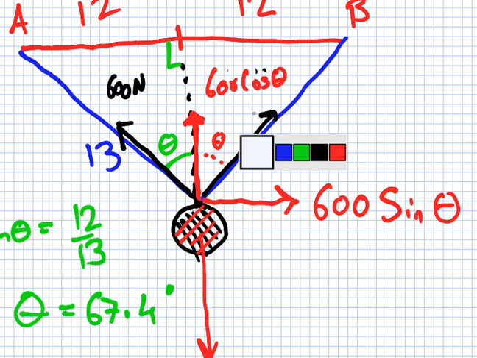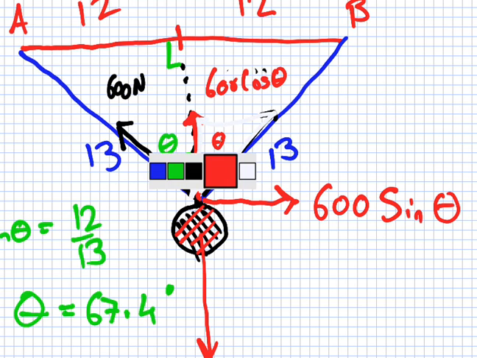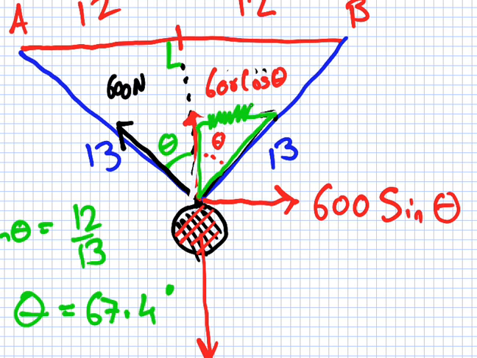Let's see now. This is actually the opposite, believe it or not, because if I draw my triangle here, in a different color, green, this one here is the opposite, which is the same as this. And this one here is the adjacent.